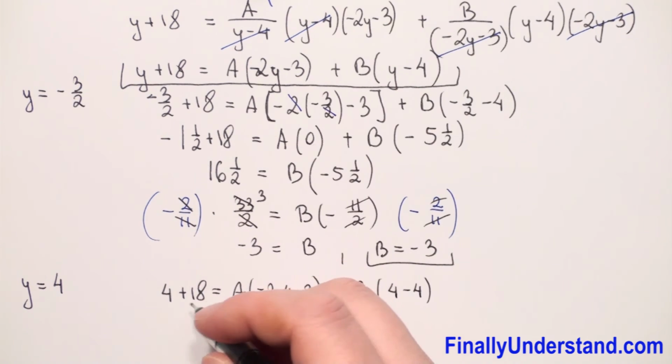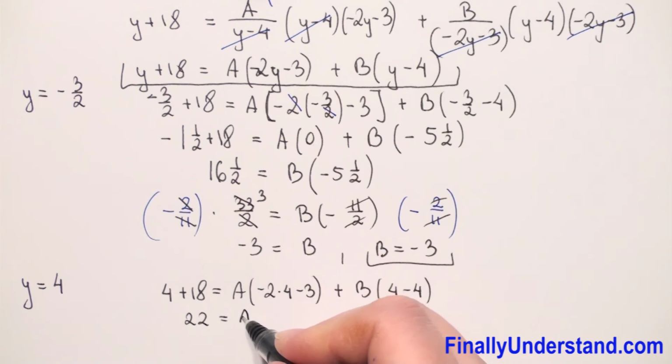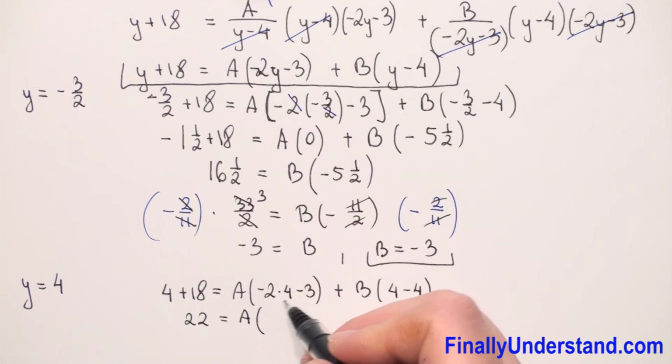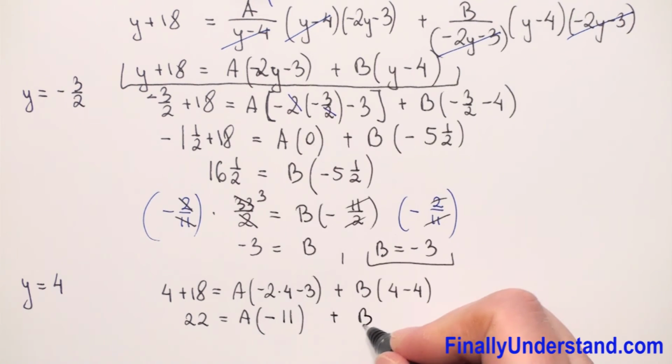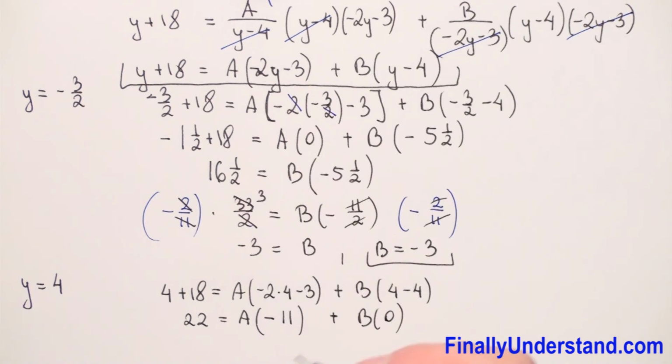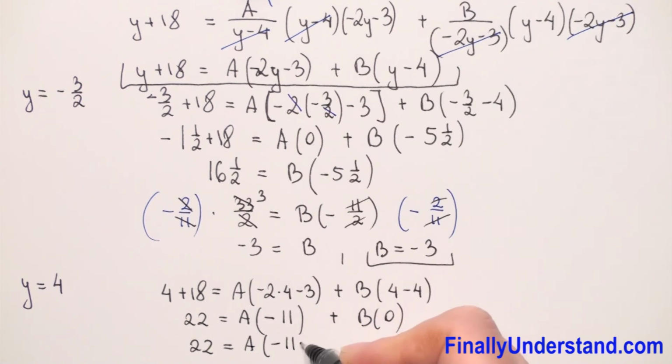So we have 4 plus 18 is 22, this is equal to a, and in parentheses negative 2 times 4 is negative 8 minus 3 is negative 11, plus b times 0. So we will have 22 is equal to a times negative 11. b times 0 is 0, we don't have to write it.